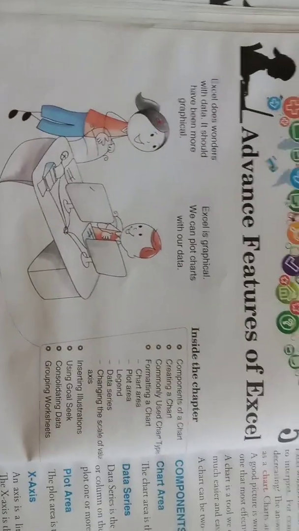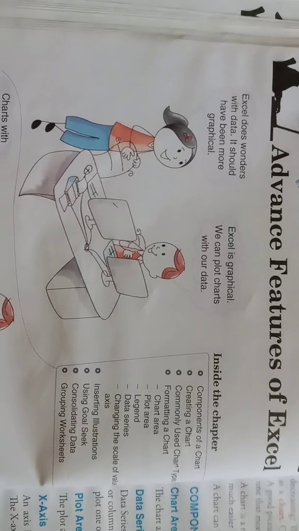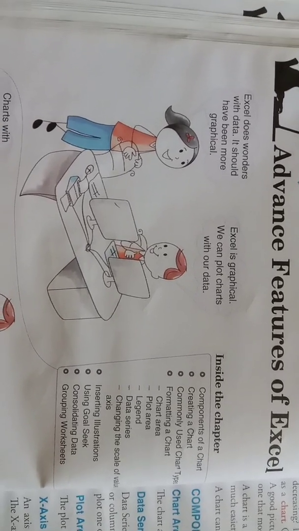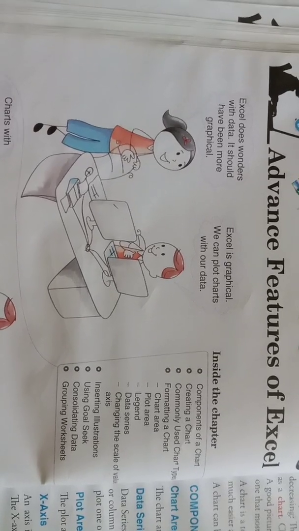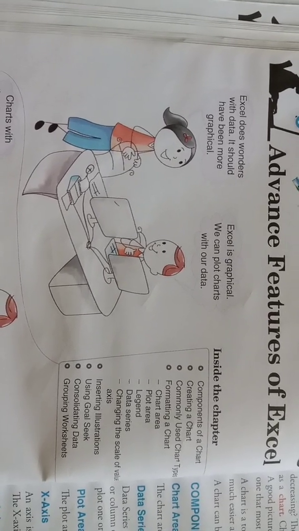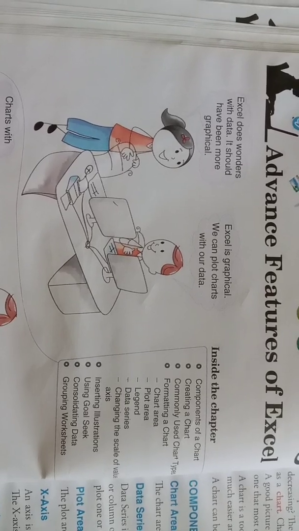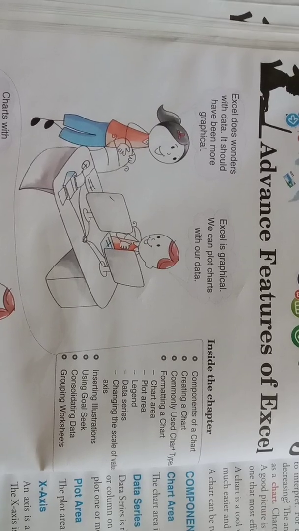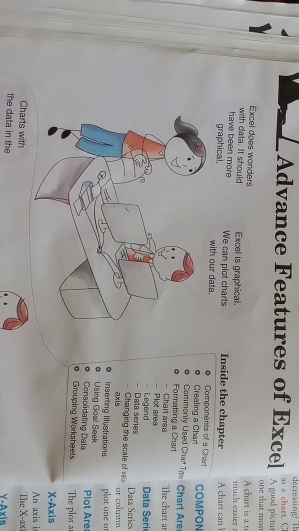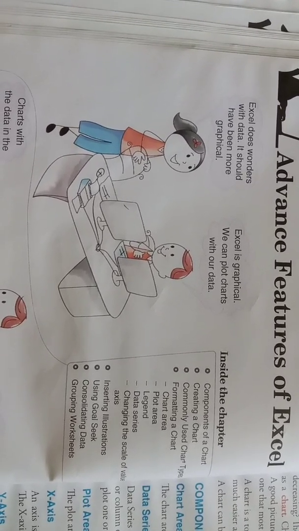The name of the chapter: advanced features of Excel. An Excel workbook can contain a lot of data in the form of tables, and this data can often be difficult to interpret. For example, which are the highest and lowest values in the data, increasing or decreasing.